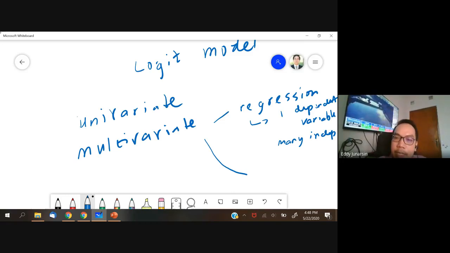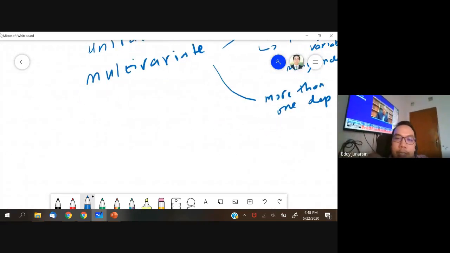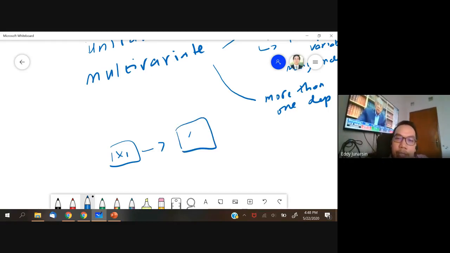But there are many other statistical tests or techniques that allow you to test more than one dependent variable. So maybe someday you'll see some equation. For example, x1 is affecting x2, so x2 is affecting x3, right?